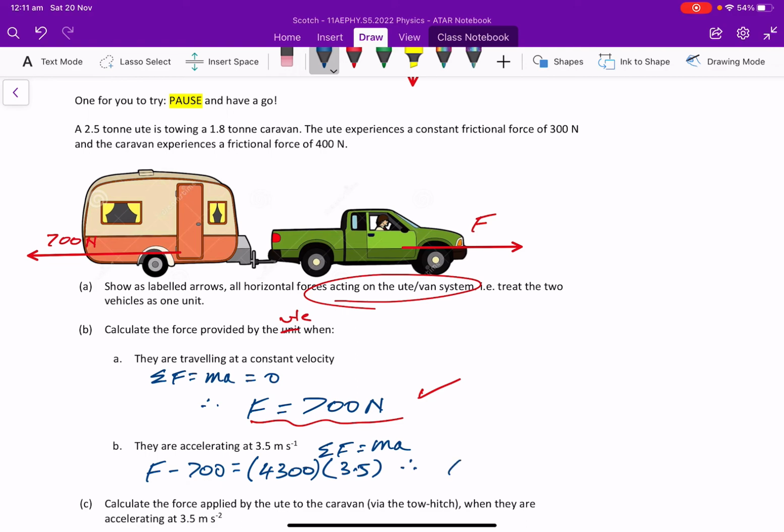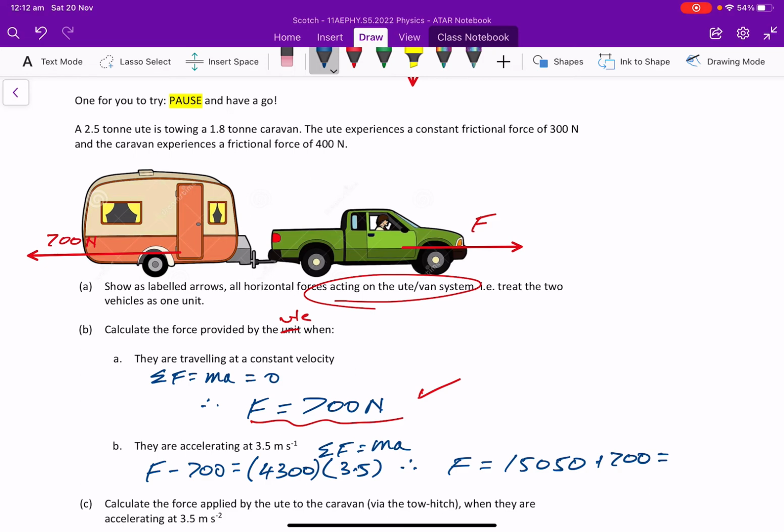So therefore, I should have left a bit more room here. 4,300 times 3.5 equals 15,050, plus 700. Okay, so a massive force is required just to accelerate a 4,300 kilogram combined unit at 3.5.